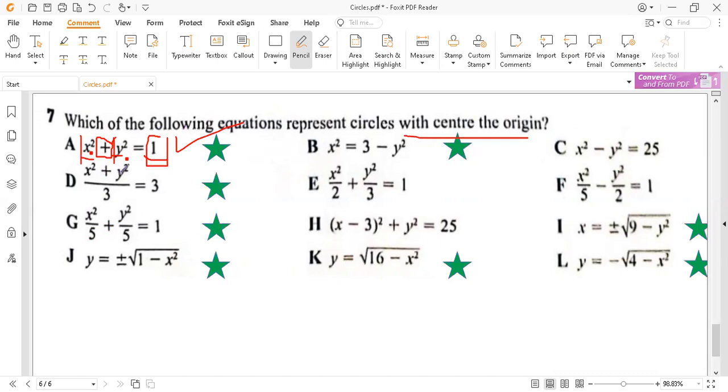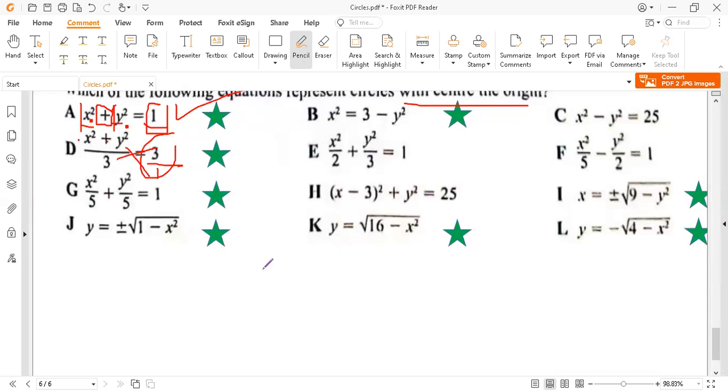We have x squared plus y squared. If we use cross multiplication, we obtain x squared plus y squared equals 9. So we have x squared and y squared alone, with the same coefficient, a plus between them, and 9 is positive. So it is an equation of a circle centered at the origin.